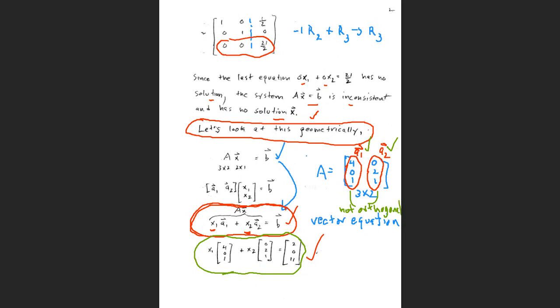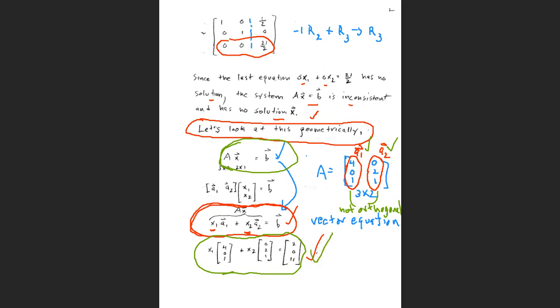All right, so let's go ahead and try to figure out geometrically what it means when we're trying to solve a matrix equation or system of equations. What does it mean geometrically? Well, the matrix equation gives us this vector equation.